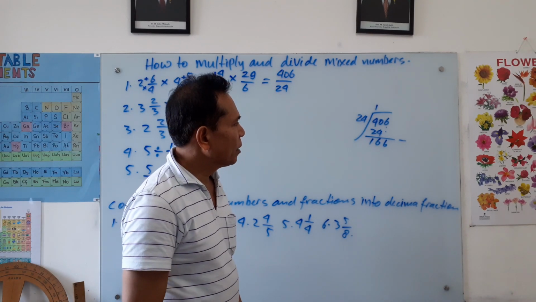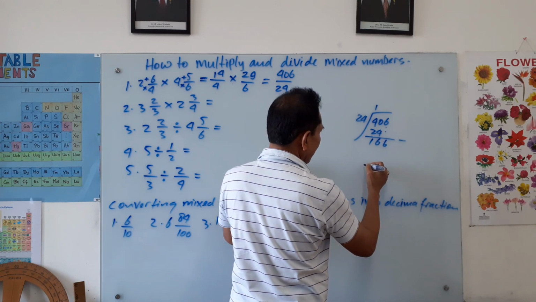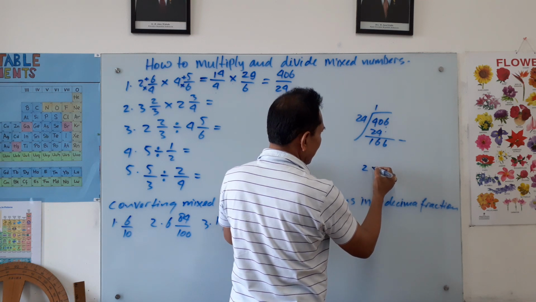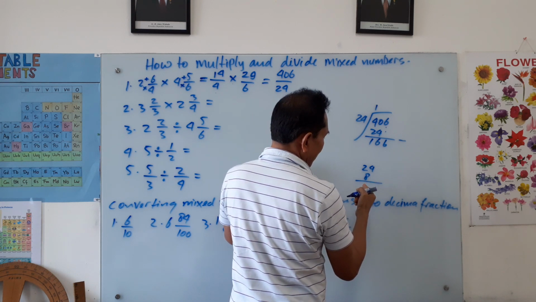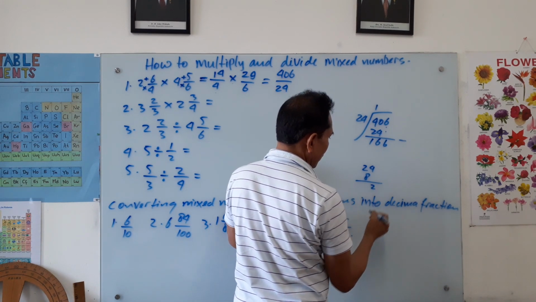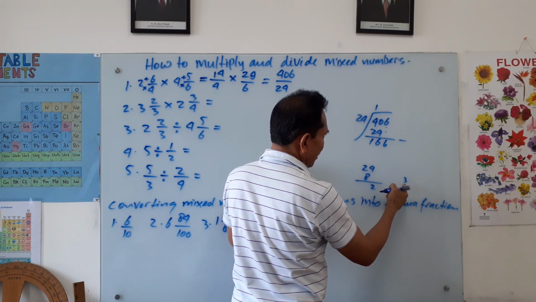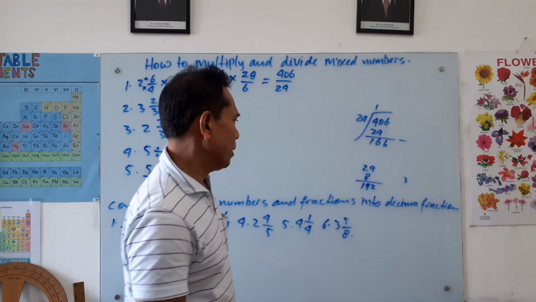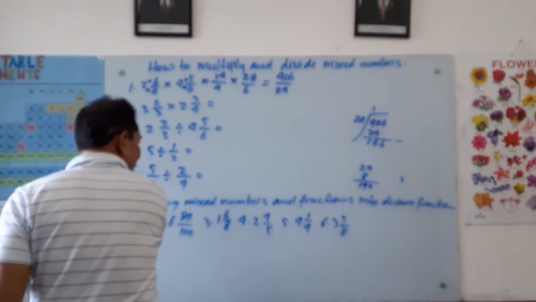Let's try 8. 8 times 4 is 32, 8 times 2 is 16, 16 plus 3 is 19. That gives 192, which is beyond. So we cannot use 8.